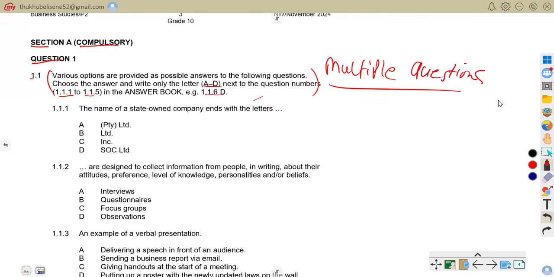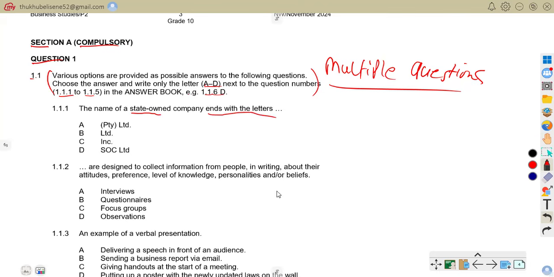With multiple choice questions, you are going to choose the best answer from the 4 given possible answers. For these 4 options, we are to come up with what? The correct answer. Let us not waste time and attend to these multiple choice questions. The name of a state-owned company ends with letters.